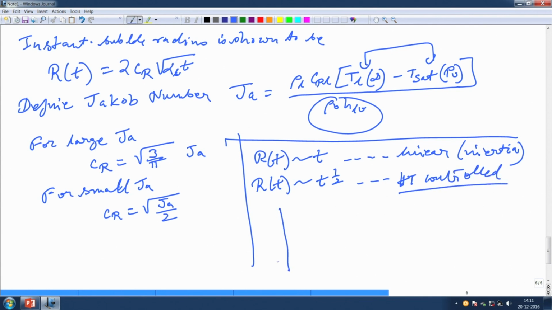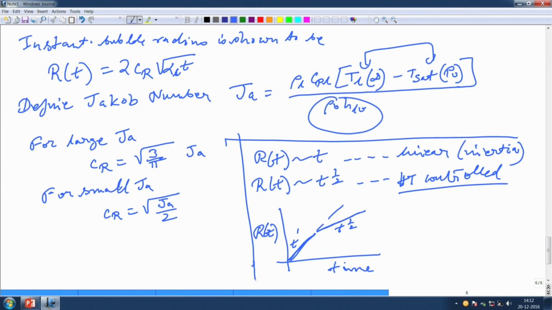So, you will have two slopes, one slope like that, the other slope will be something like that, which is less prominent. So, this is basically the linear t to the 1, this is t to the half. So, this is R, this is the time.